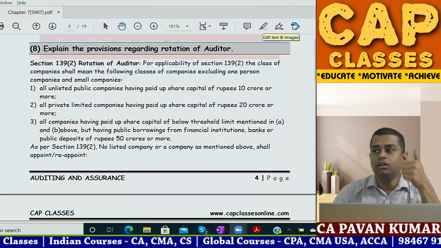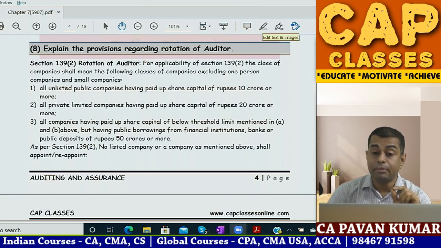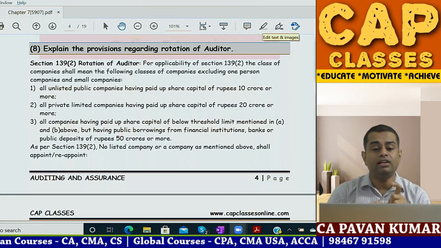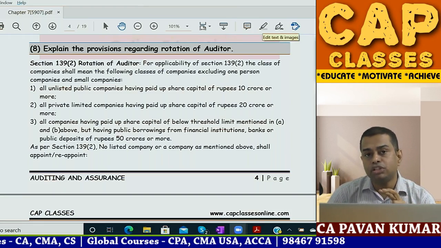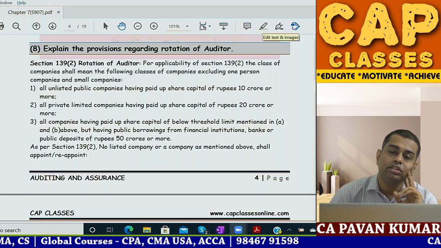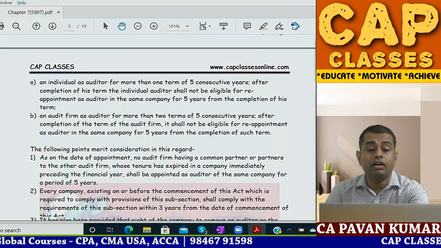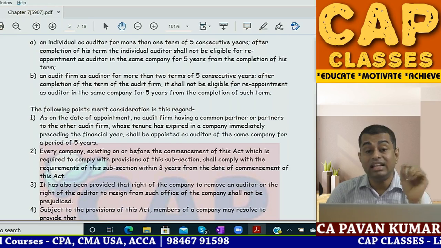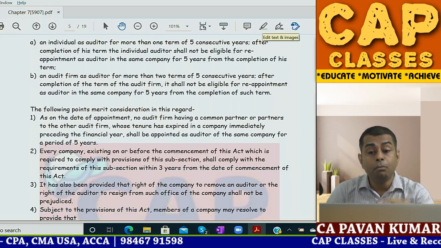So read the provision. 1. All the listed companies. 2. Public companies having paid up capital of 10 crores or more, or debt of 50 crores or more. Private limited companies, capital of 20 crores or more, debt of 50 crores or more. You understand? That's all. Shall appoint or reappoint an individual as auditor for more than 5 years.